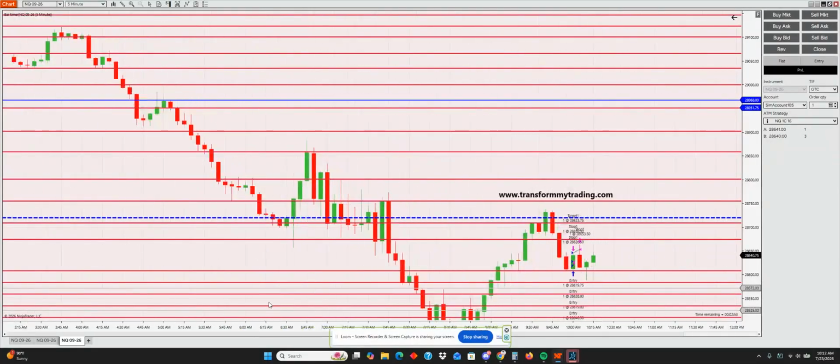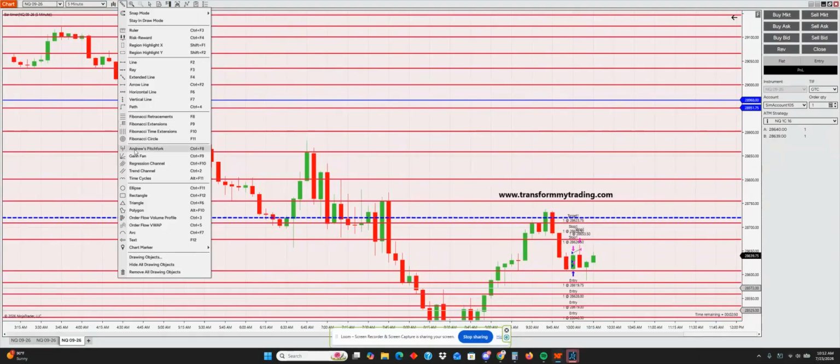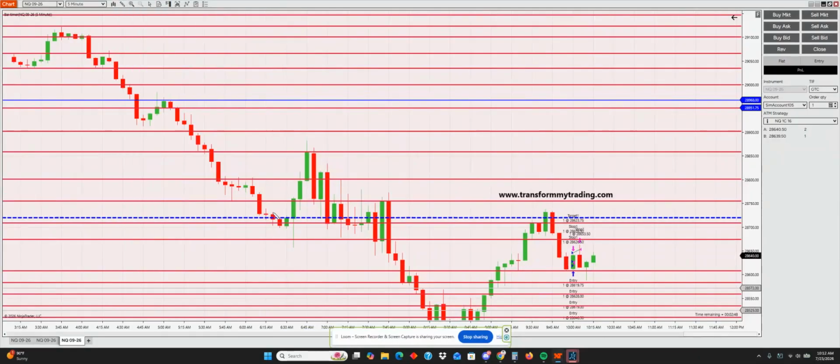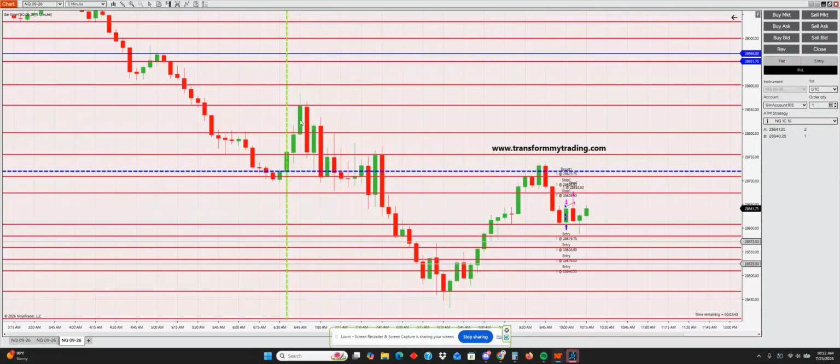Market opened around here. Okay, so the market opened there, went up and tested this level, and it did break down, came down and had some issue here, which was right there again.